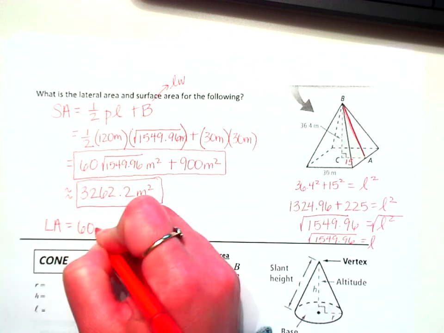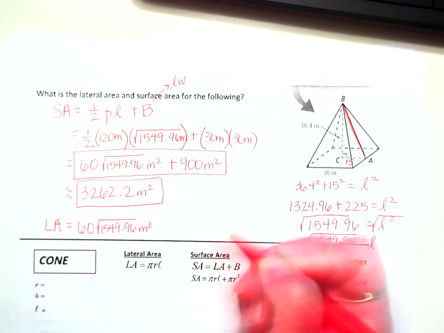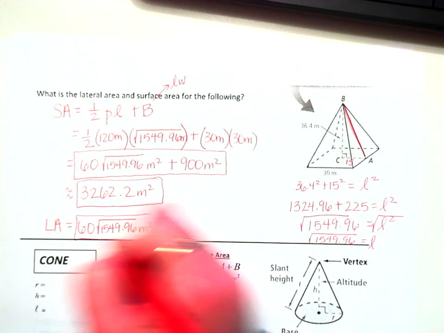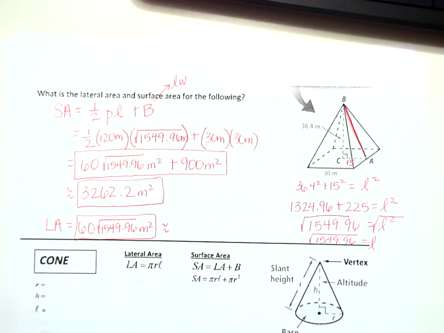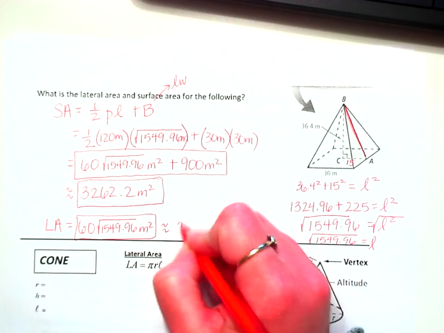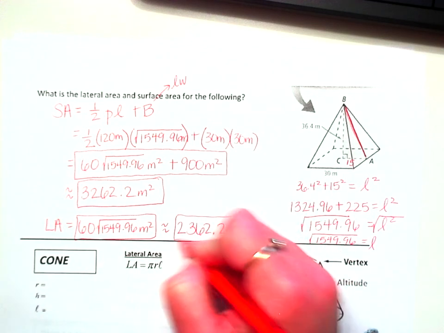So your lateral area is that, which you could say is approximately 2,362.2. There we go.